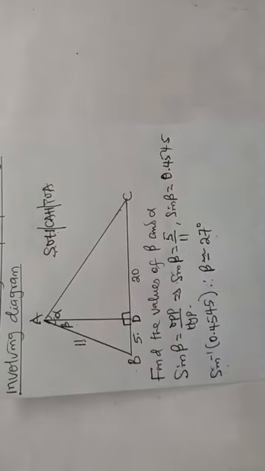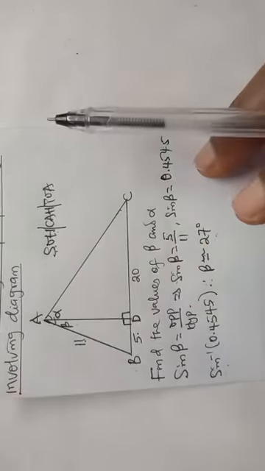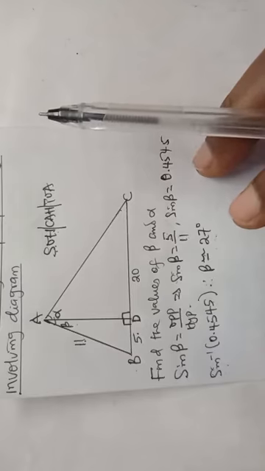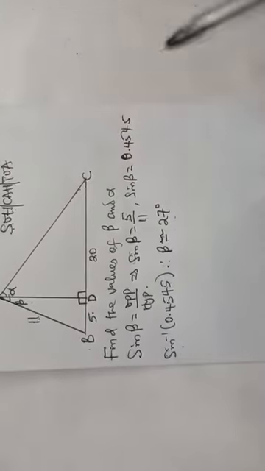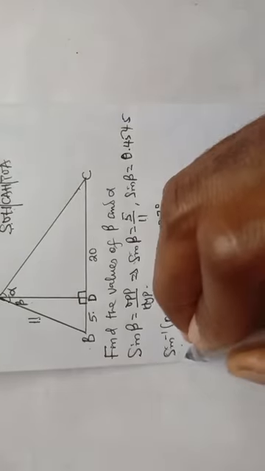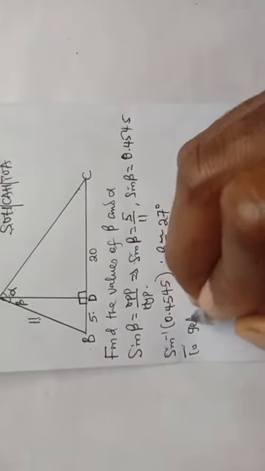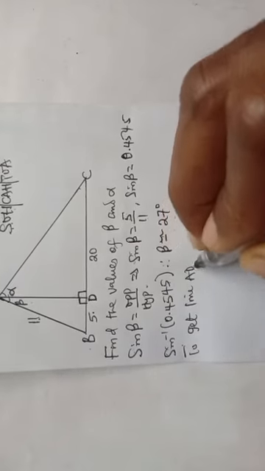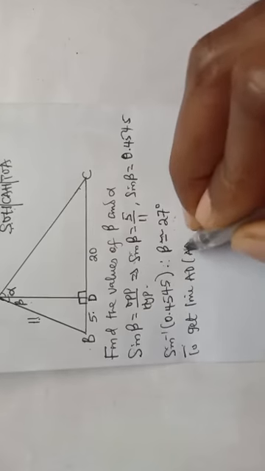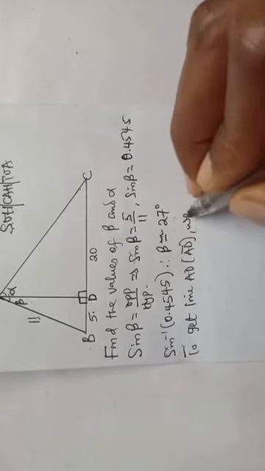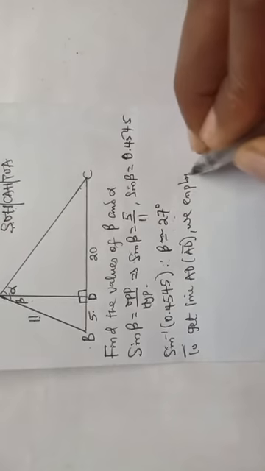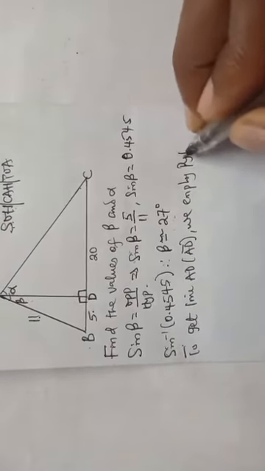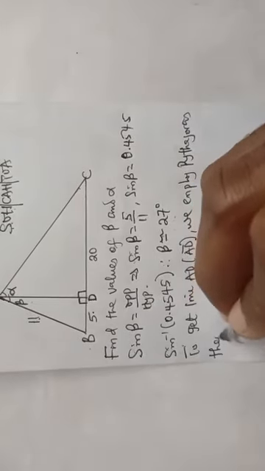This is gotten. Now, to get this side, line AD, which is written this way, we are going to employ Pythagoras theorem.